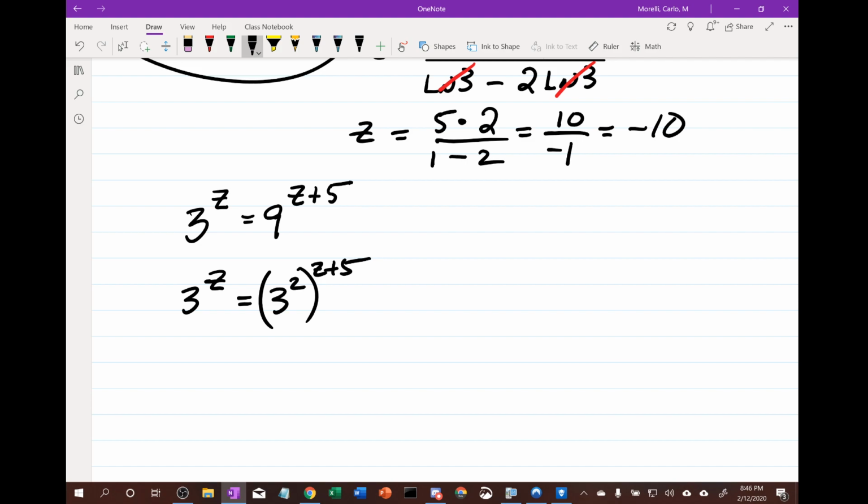So here's how this is going to work. We're going to take the ln of the whole thing.